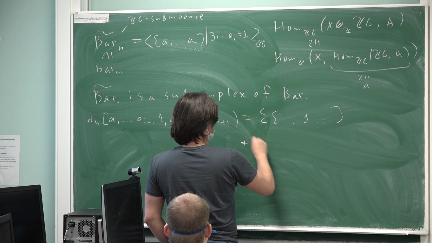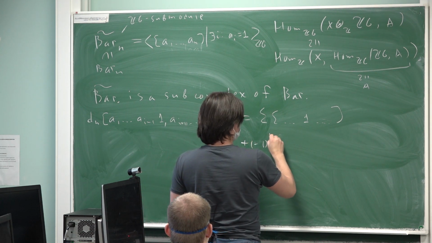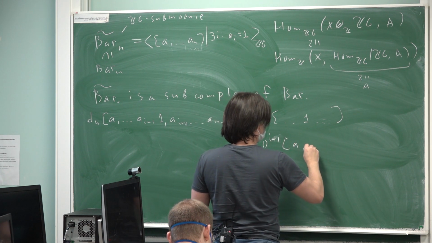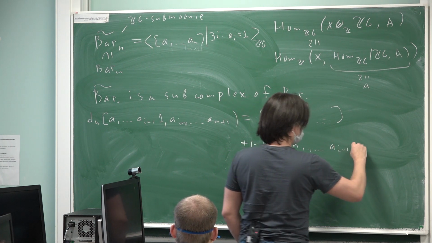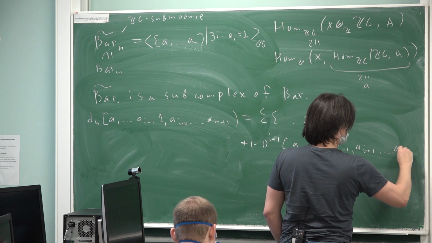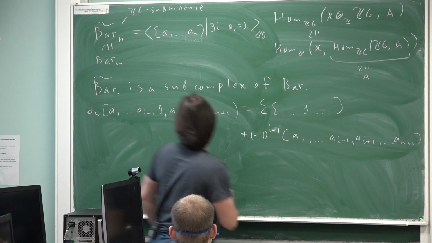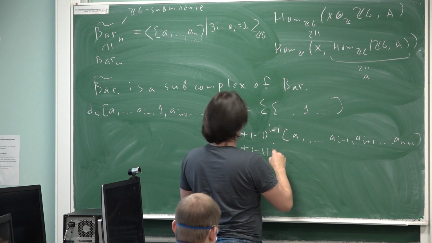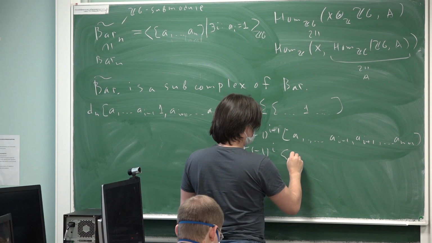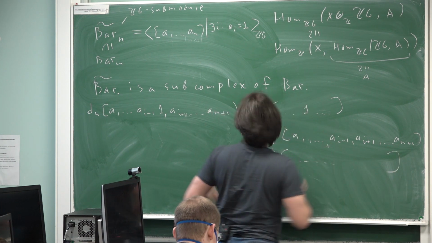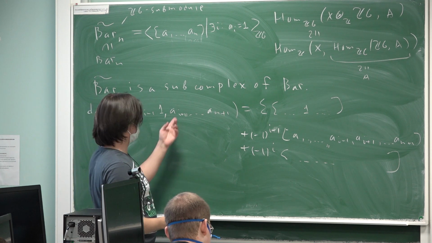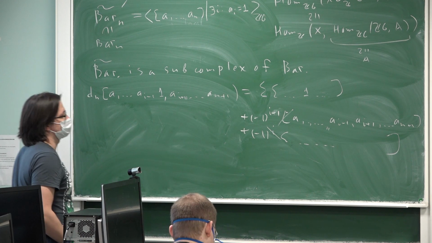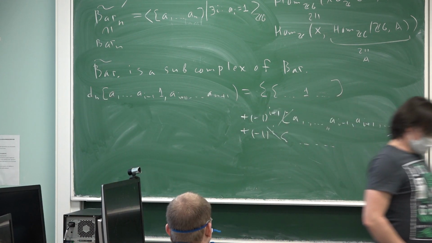For i minus 1 you have minus 1 to the power i minus 1 times a1, and so on, a(i-1), a(i+1), and so on, a(n+1), because you multiply a(i-1) by 1. And for i you have the same thing, because you multiply 1 by a(i+1), and they cancel. So bar tilde is a subcomplex of bar.